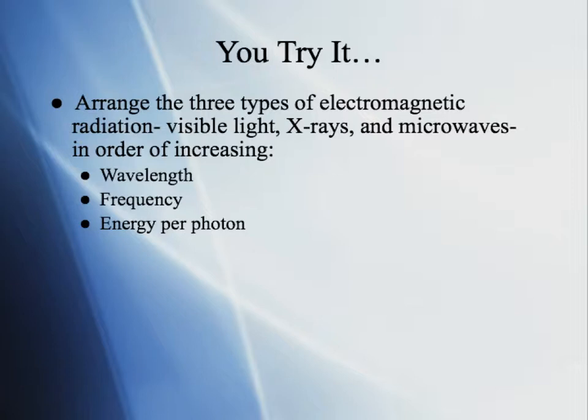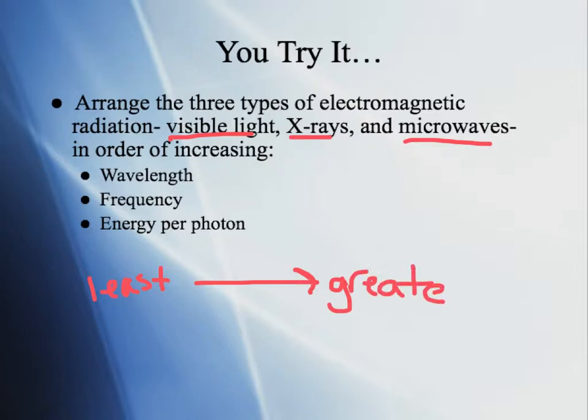What that means is you're going to put visible light, X-rays, and microwaves from the least to the greatest. So least wavelength to the greatest wavelength, then do that for least frequency to the greatest frequency, and also least energy to the most energy. So I'll let you guys do that on your own. You can pause this and take a few moments to do that.